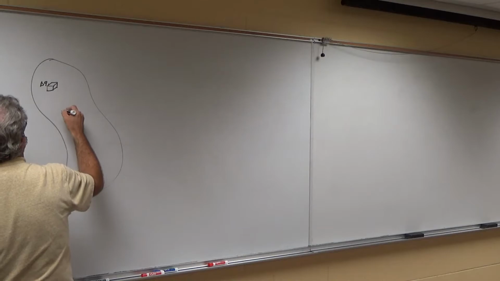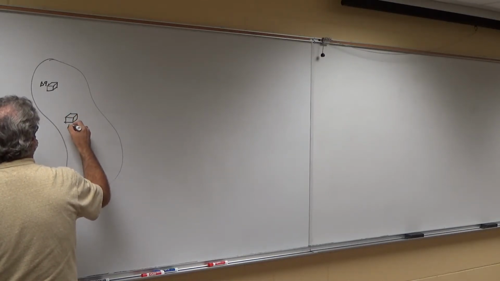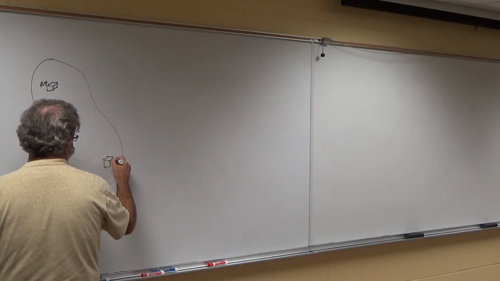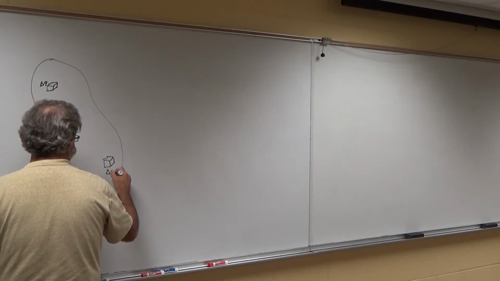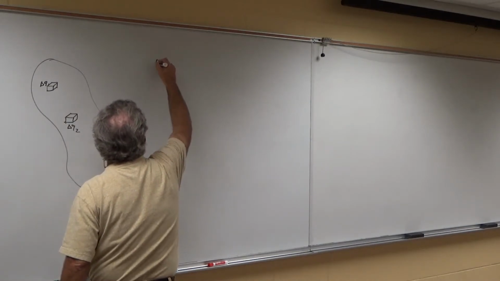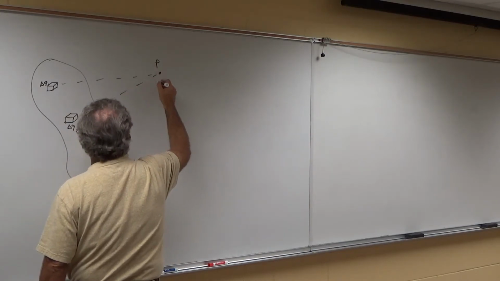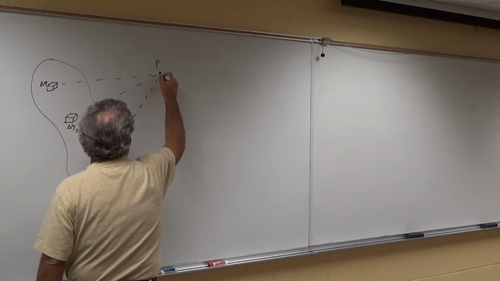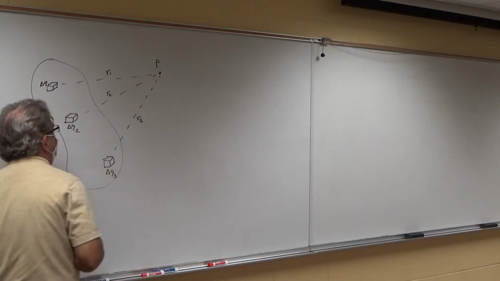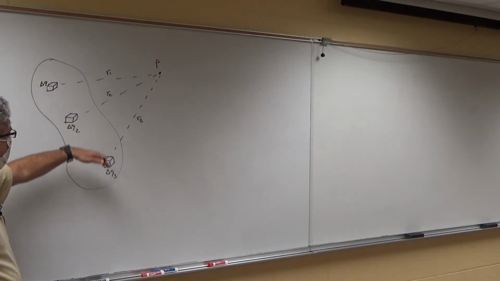Delta Q1, delta Q2, delta Q3. Out here, I'm at some point P. R1, R2, R3.